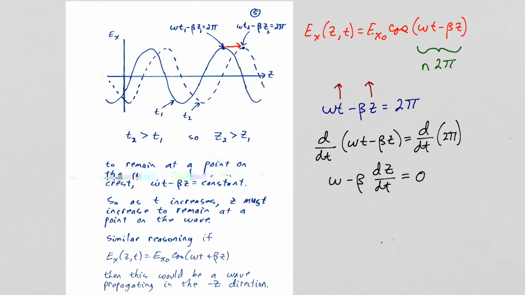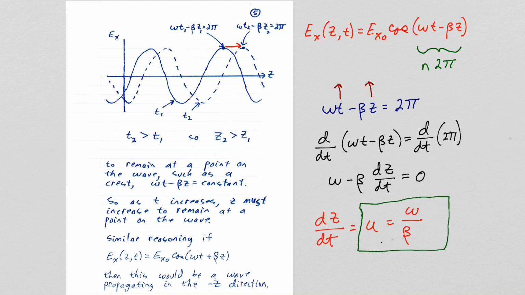Of the second term here, we'll get a dz dt. 2 pi is a constant, so the right-hand side is 0. So we can solve for dz dt, which is the velocity of our wave. So our plane wave is moving with velocity omega over beta. And our uniform plane wave is moving in the plus z direction.